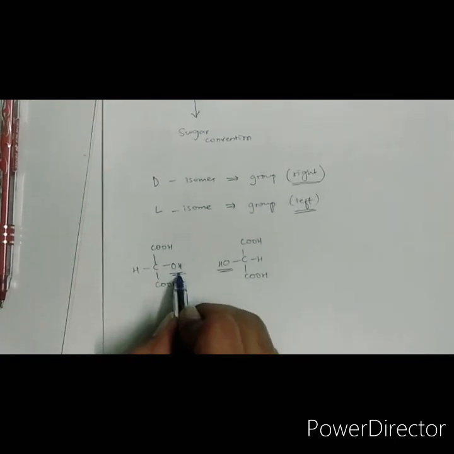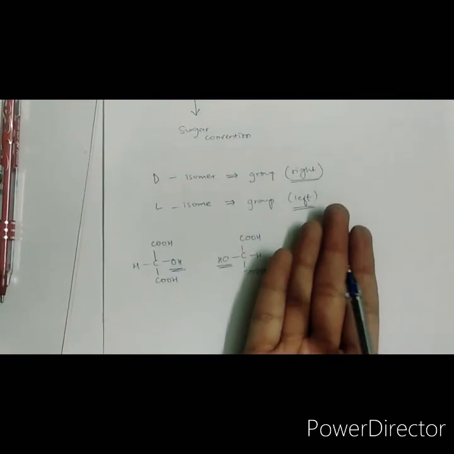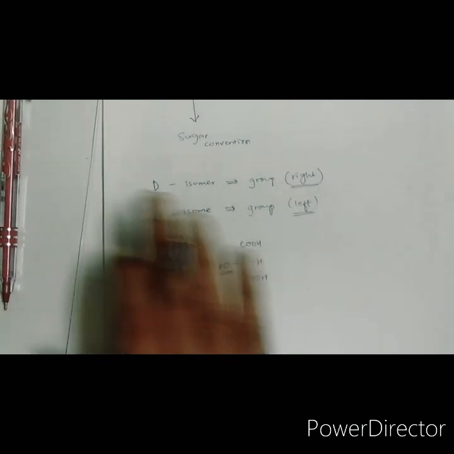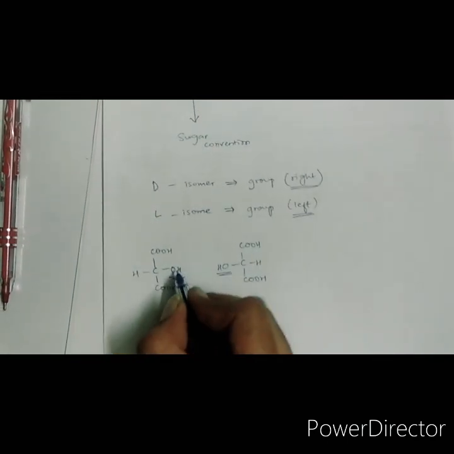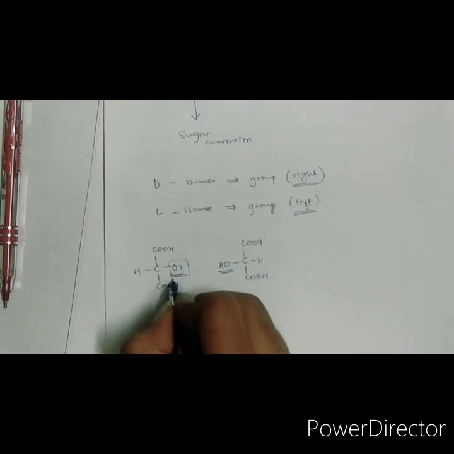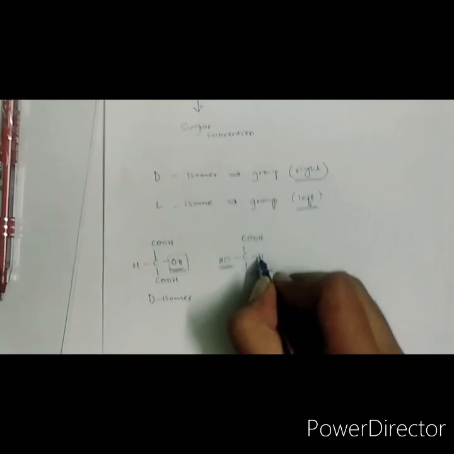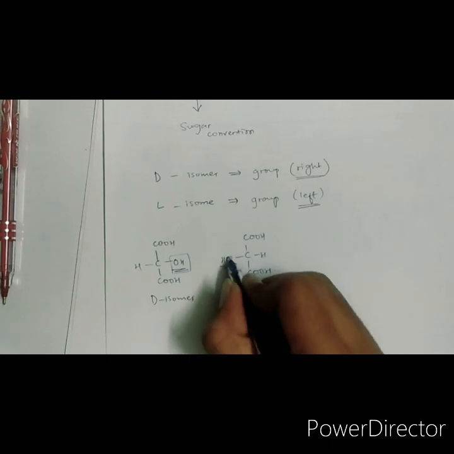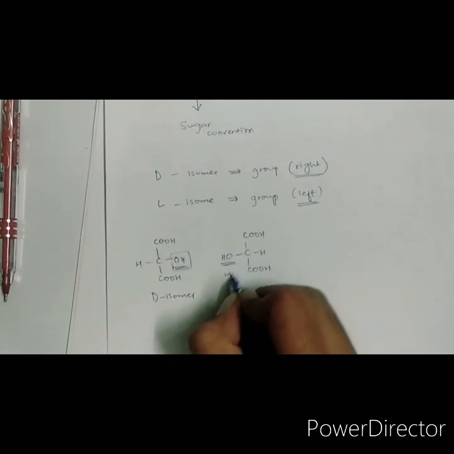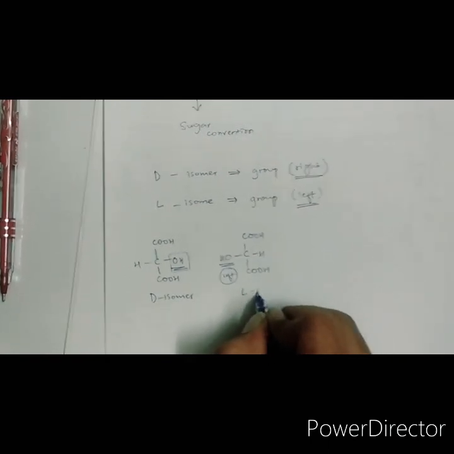Here the hydroxy group is present on the right hand side, while in this case the hydroxy group is present on the left hand side. So clearly we can define this isomer as D isomer, while this isomer, because of the presence of the hydroxy group on the left hand side, is defined as L isomer.